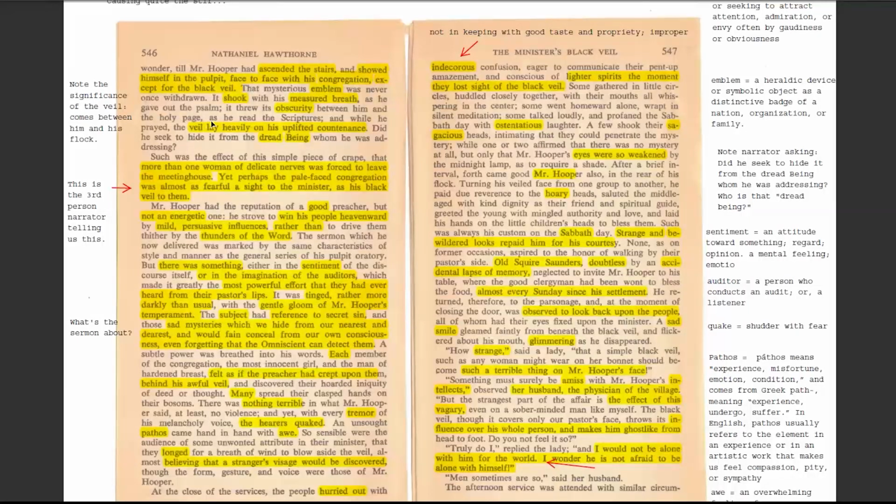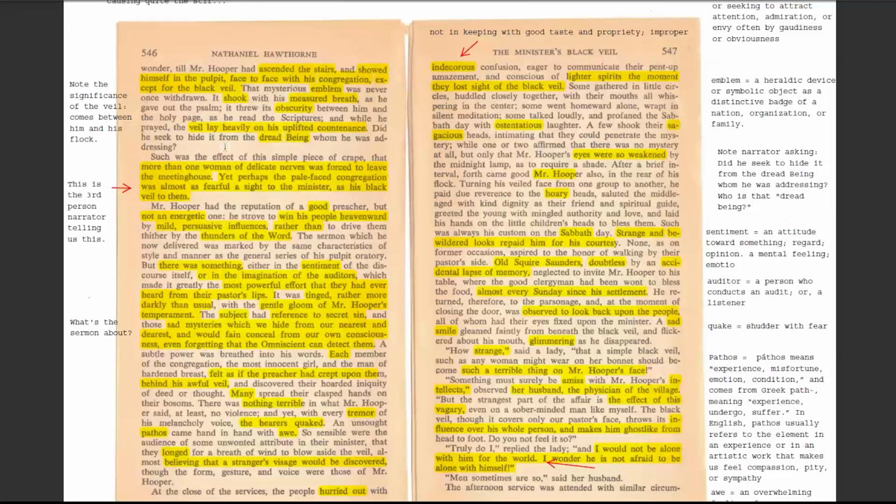What's that mean? The Bible, right? It's obscure. It's black. You can't see through it, right? He could see, but it's like watching through. As he read the scriptures while he prayed, the veil lay heavily on his uplifted countenance. So he puts his head up towards heaven and prays, and then the veil lays on his face.